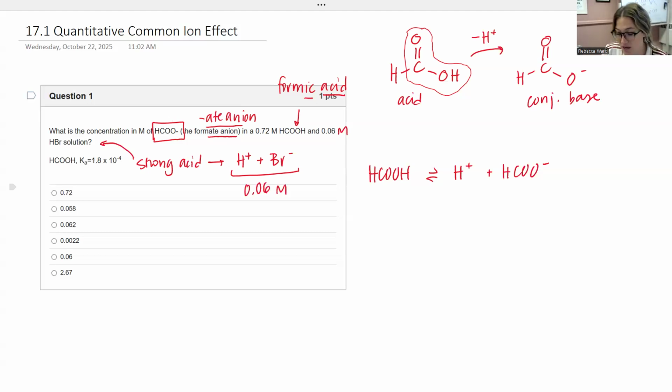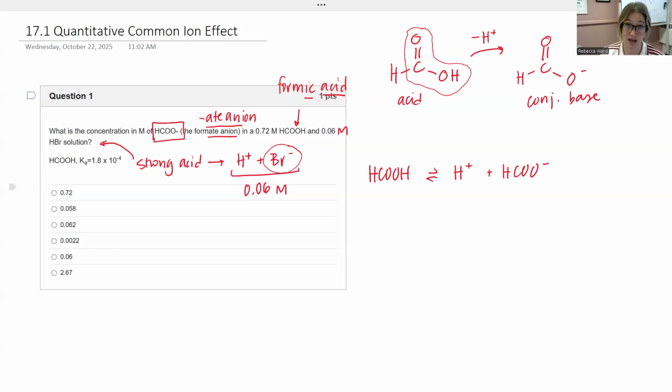I know that I can ignore the bromide because it's the conjugate base of a strong acid, which means it doesn't react in solution. We could pull that from our salt solution section from chapter 16, where we say, hey, if it's Cl minus, Br minus, I minus, NO3 minus, ClO3 minus, ClO4 minus, any of those conjugate bases of strong acids, we usually can ignore them as spectator ions.